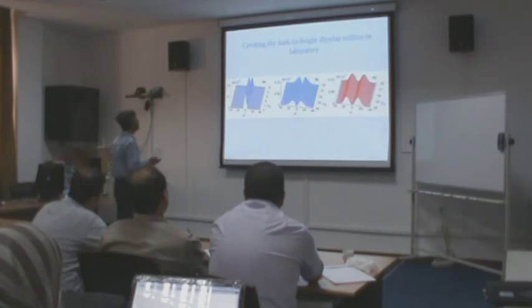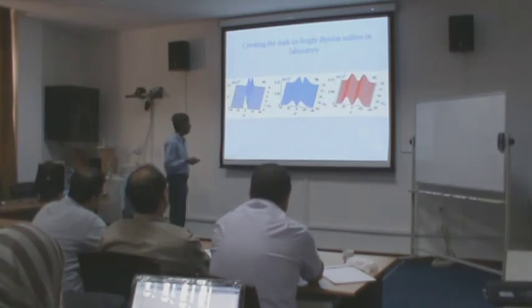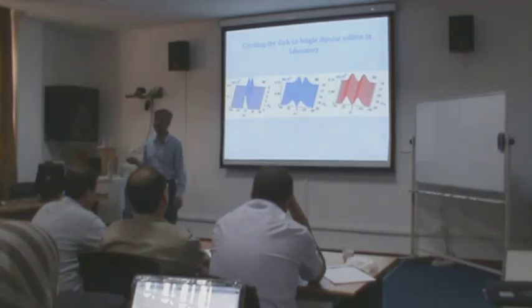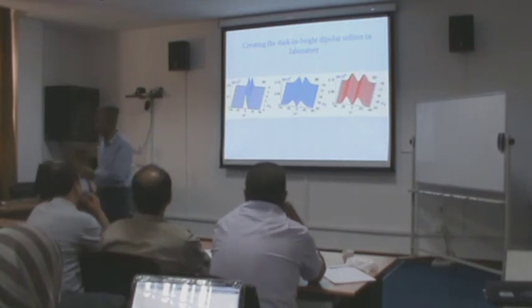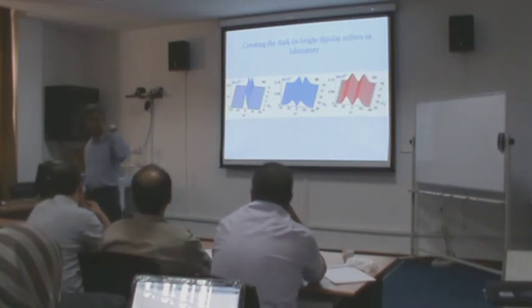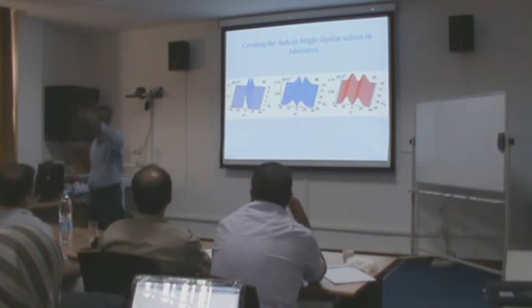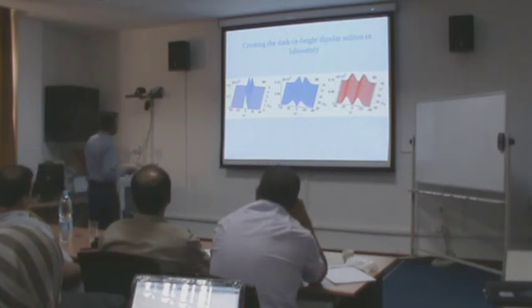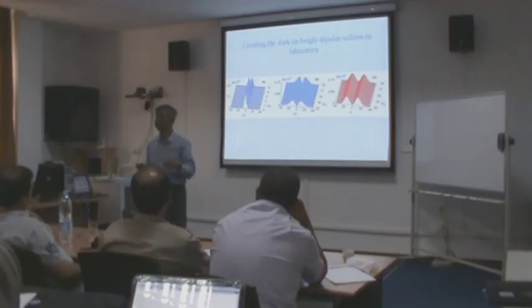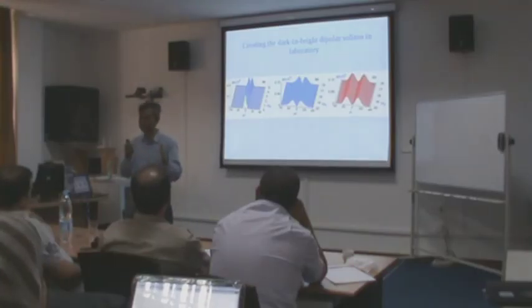But how to make this thing in the laboratory? Can this thing be made in the laboratory? In numerical calculation, you put an antisymmetric initial state and your calculation converges to this, with a 0 in the middle. Yes, it can be made in the laboratory. There is a technique to imprint a phase by laser on a condensate.